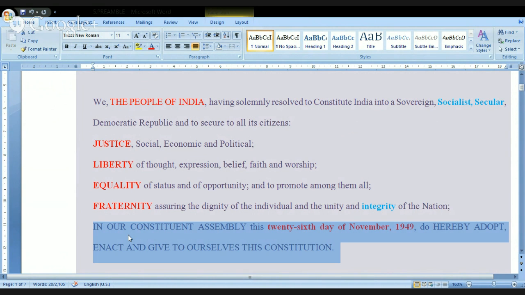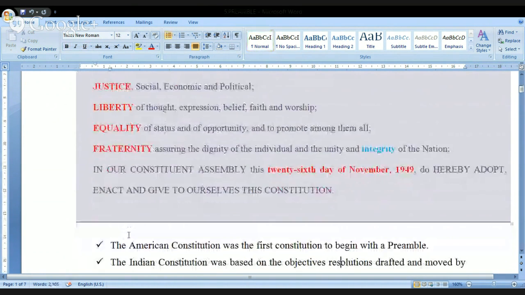And at the end, on this particular day, we have adopted, enacted, and given to ourselves this constitution. That's the reason why, in a broader sense, the constitution was prepared by the people of India, but on behalf of the people, it was framed by the Constituent Assembly. Am I clear? Next. That is a basic idea.